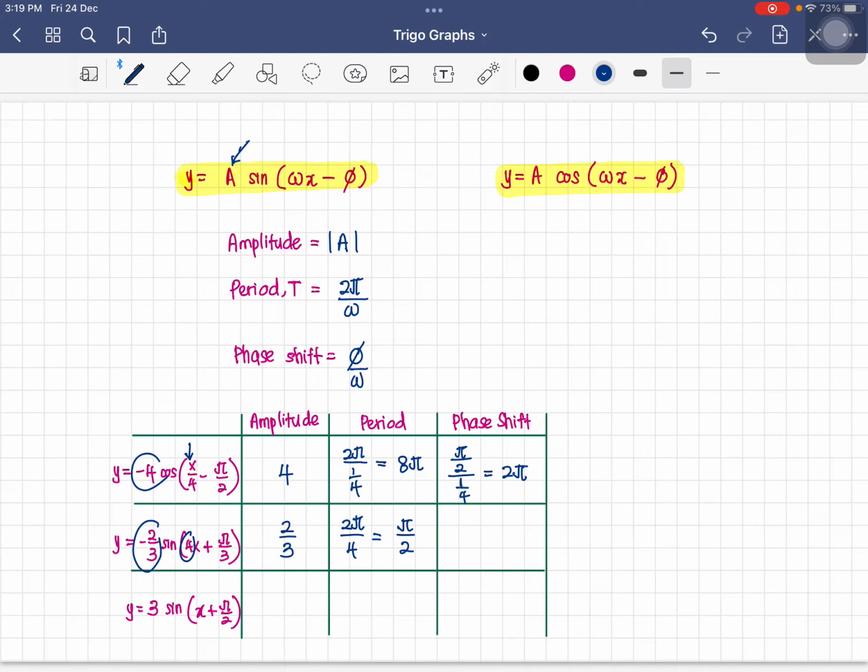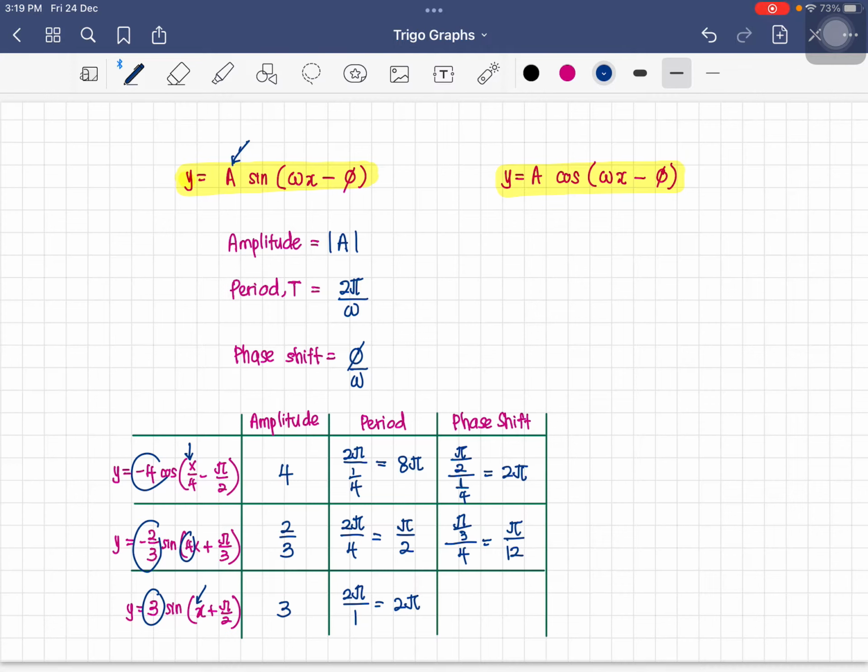For the phase shift, you have pi over 3 divided by your omega, which is 4, so this will give you a phase shift of pi over 12. Next one, the amplitude is given by 3. For the period, you start with 2 pi over the coefficient of x, which is 1, so your period should be 2 pi.